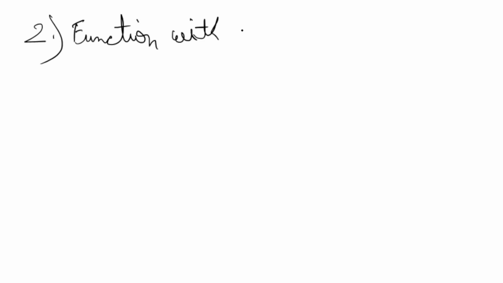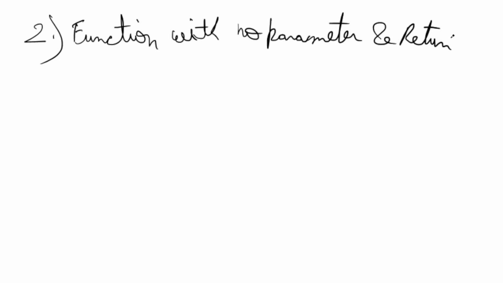Now let's see the second one, which is a function with no parameters and return values. It is the same as the previous one, function with no parameters, in that there is no data transfer between the calling function and the called function.